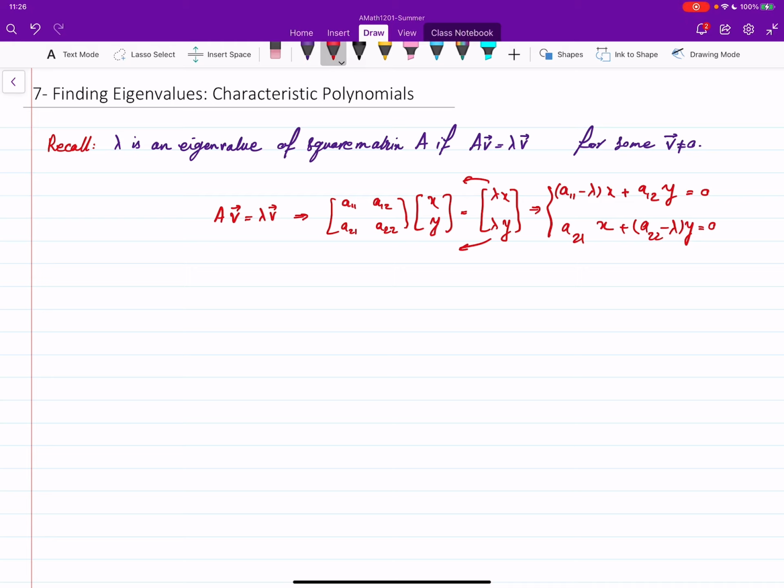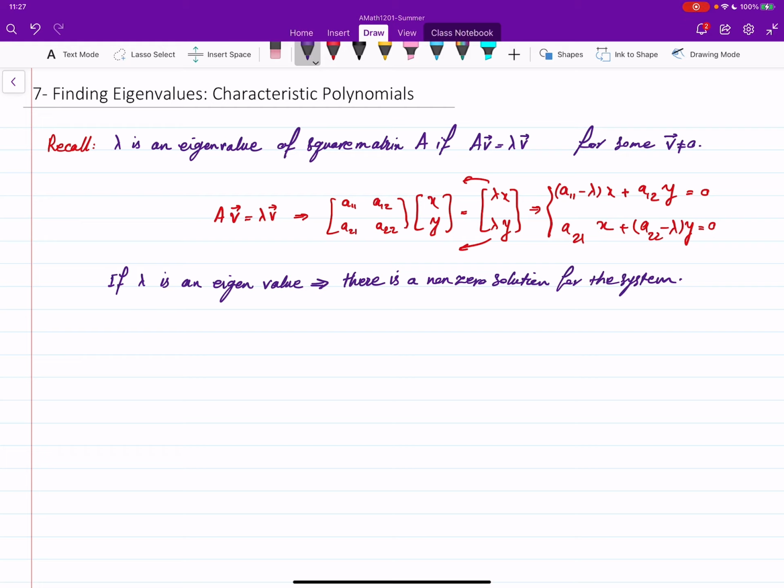And if lambda is an eigenvalue, then there is a non-zero solution for the system.